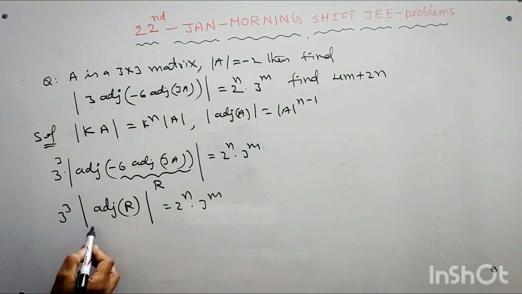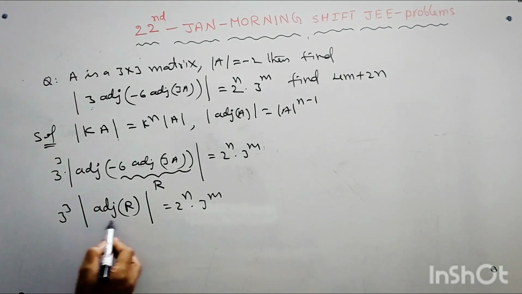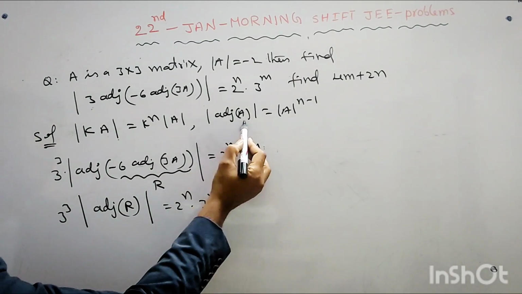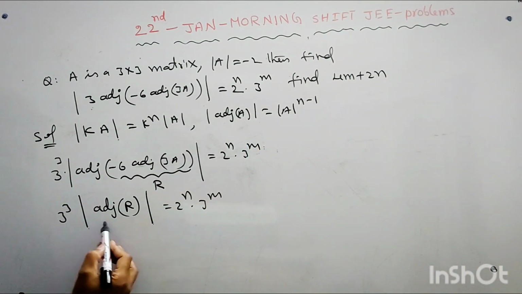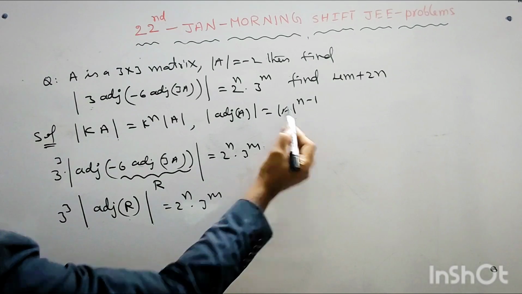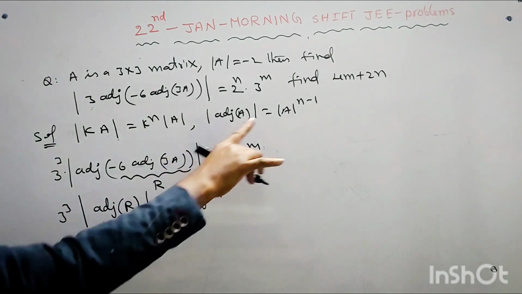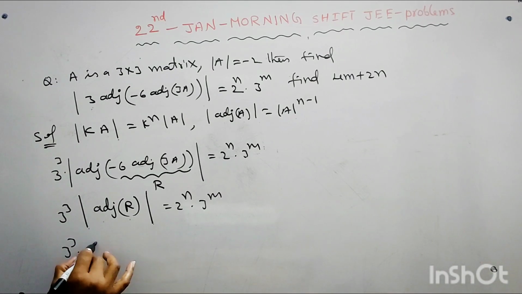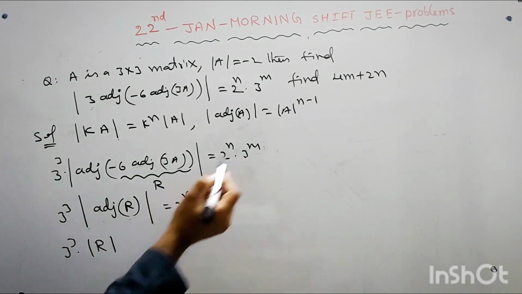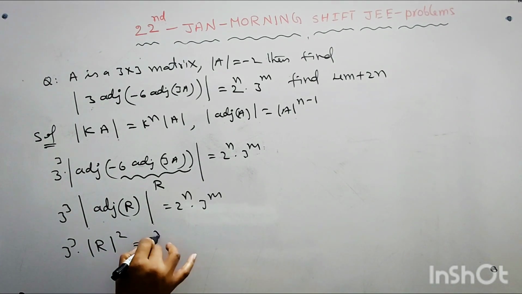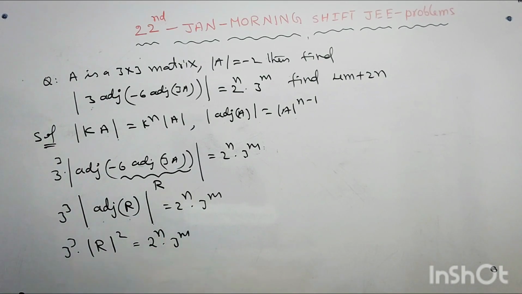Then this step looks like det of adjoint A. Apply this formula: 3 power 3 into det A. So this is det of R power n minus 1. What is the n value here? 3. 3 minus 1 means 2 will come, equal to 2 to the power of n into 3 power m.